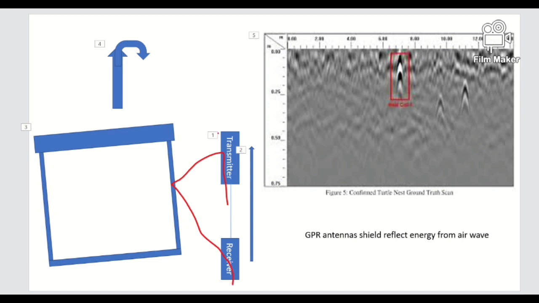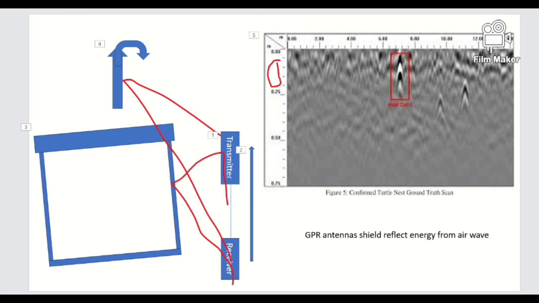So this time we have to remember that if the velocity is 0.033 meter per nanosecond after interpreting the data, we have to decide it is in the air.